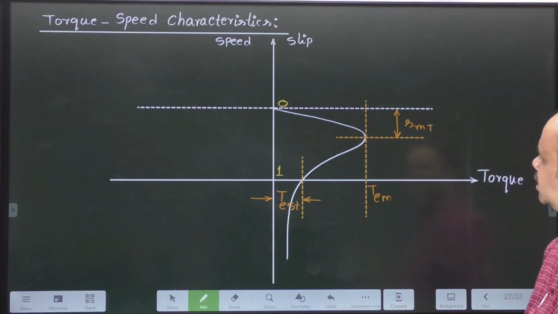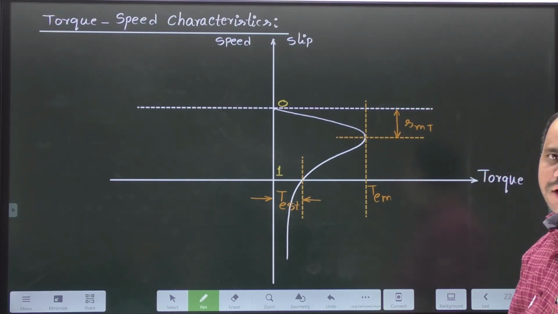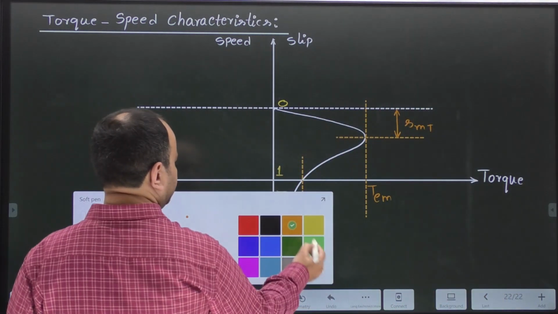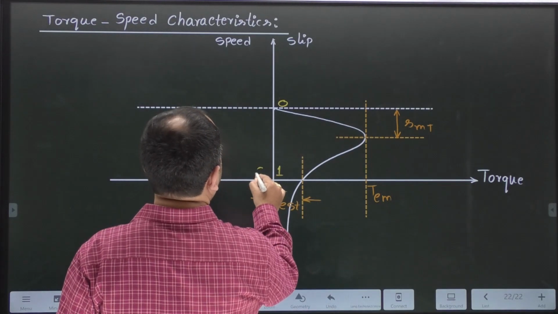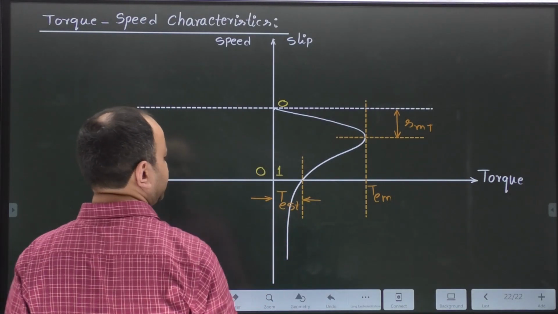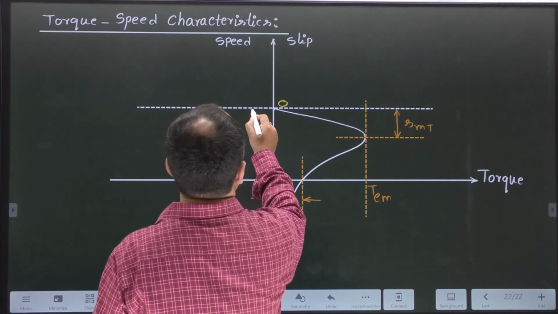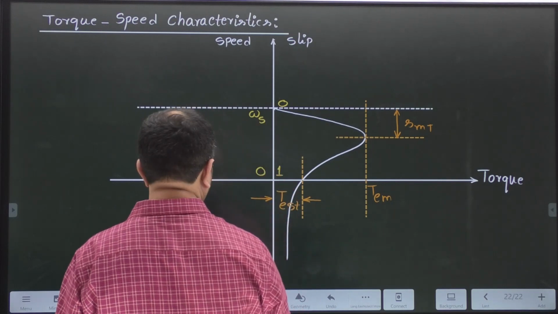Probably you can learn equations for maximum torque and slip at maximum torque in the machines course. We will not go into that. And here, coming to the speed point of view, starting rotor is at standstill, it is 0, and this corresponds to synchronous speed.